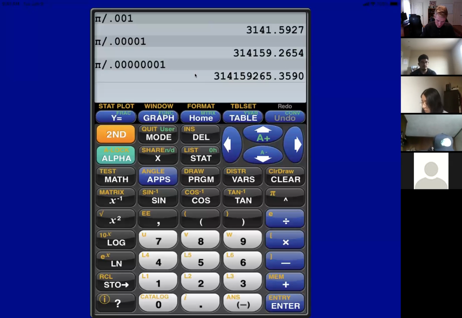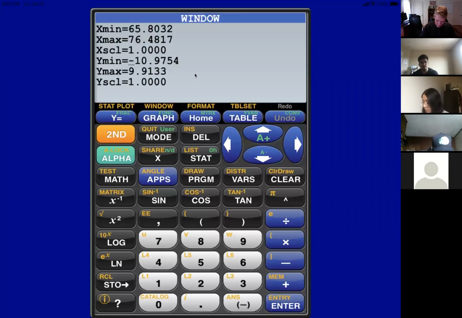Oh, it looks like I need to change the window. So go from negative 10 to 10, negative 10 to 10.